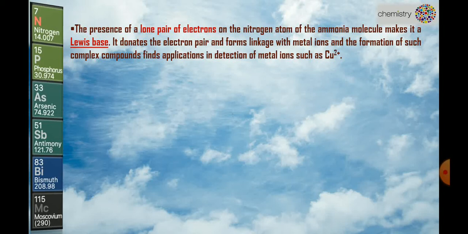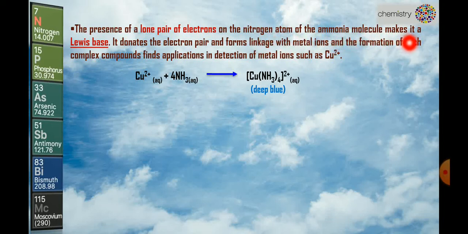We'll see another important chemical property of ammonia. I said that in the structure itself, there is one lone pair of electrons present on the nitrogen atom of the ammonia molecule. The presence of this lone pair of electrons makes the ammonia molecule a Lewis base.